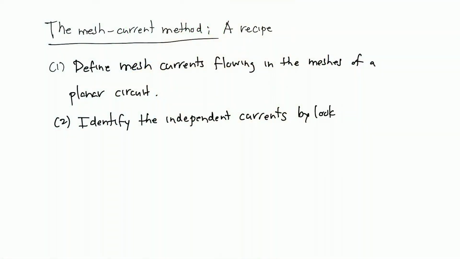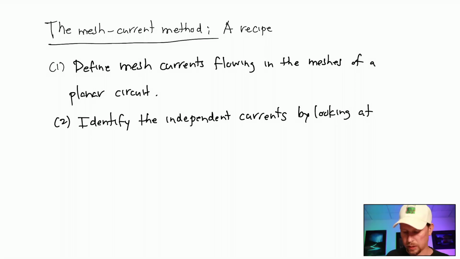So we're going to identify the independent current sources by looking specifically at the current sources in our circuit.